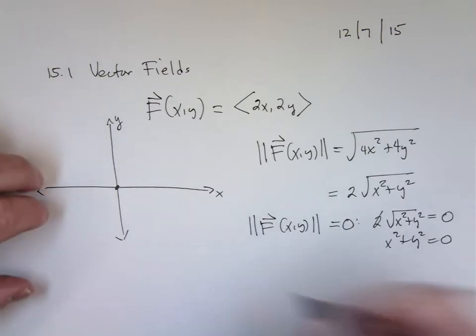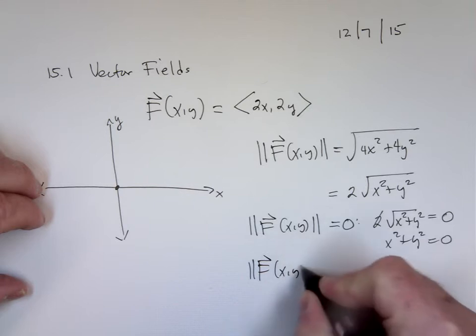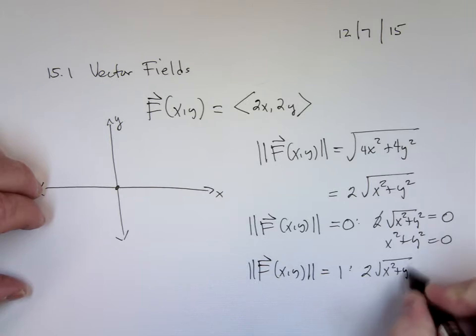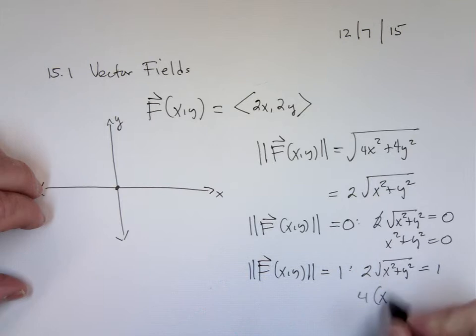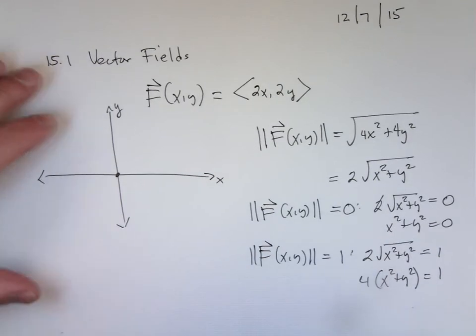Not that interesting. Let's do the ones where the magnitude is equal to 1. Square both sides. Divide by 4.